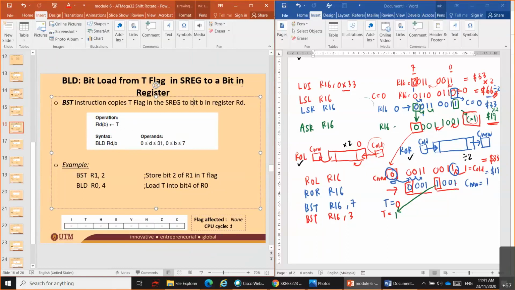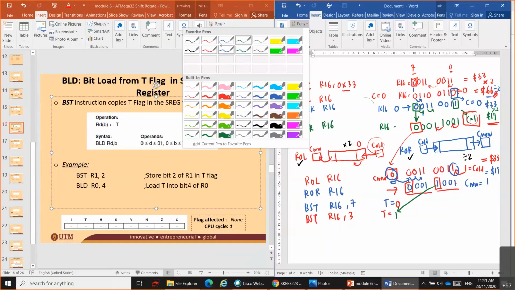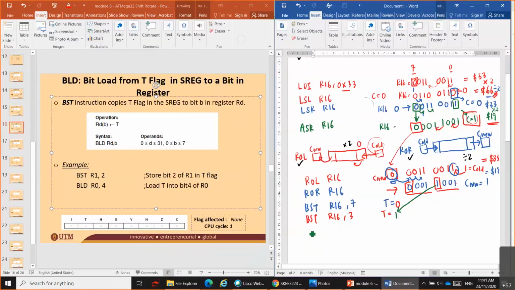Let's look at this example. I put BLD R16, 7.